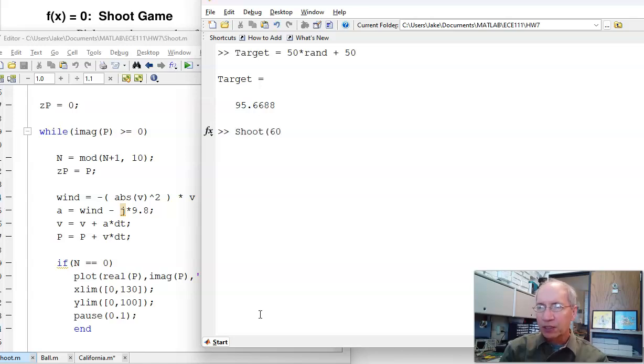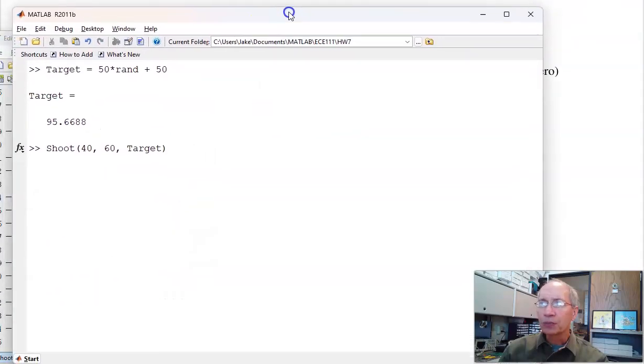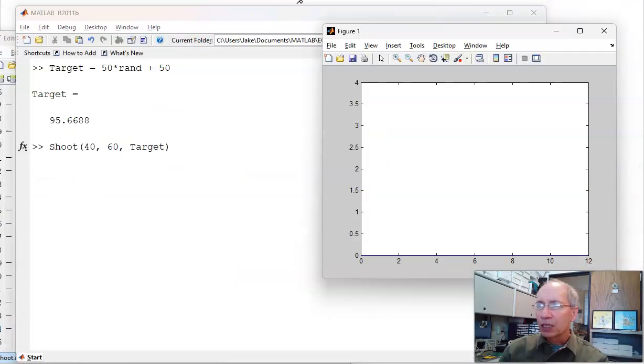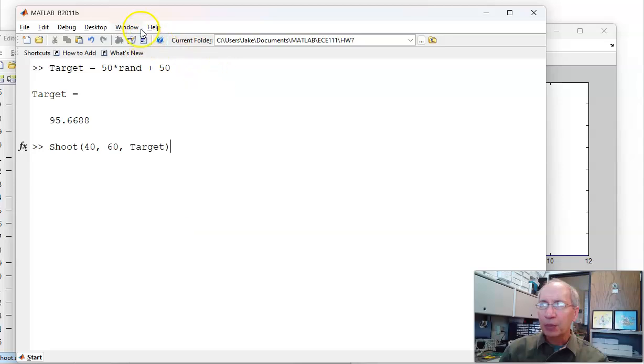Let's try about 40 meters per second at 60 degrees. There's my target. If I launch the tennis ball, like so, it will do some animation and show me what's happening. Return.